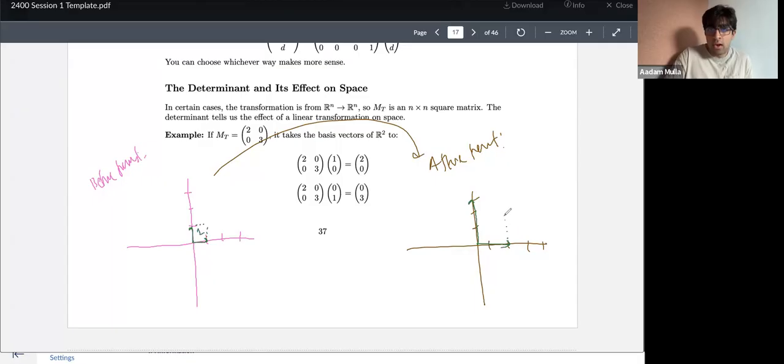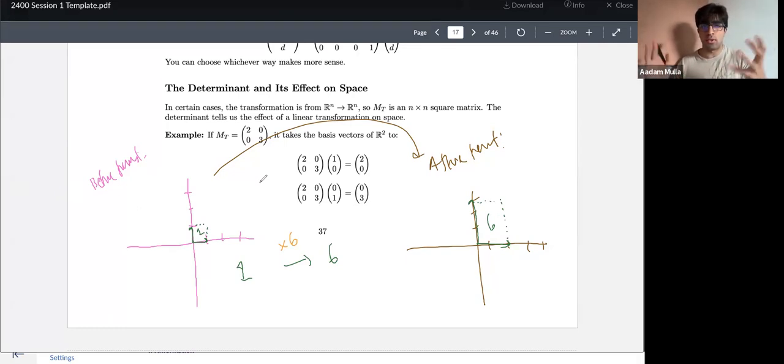And here, the area of the shape formed by these vectors is 6. If you look at how we go from 1 to 6, you can see that we multiply by 6. And no surprise there, this number that we multiply by is the determinant. So the value of the determinant tells you how you scale areas in your grids, pretty much.